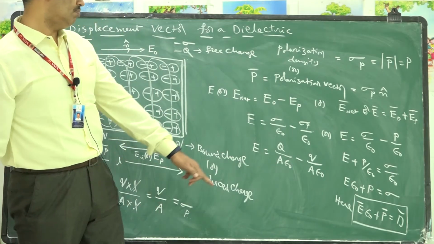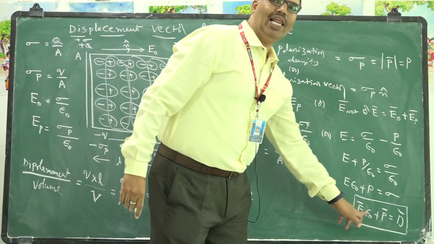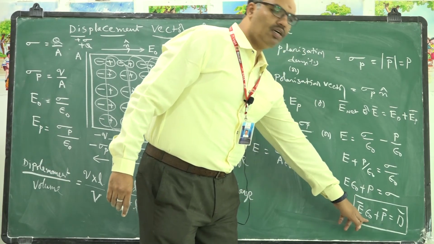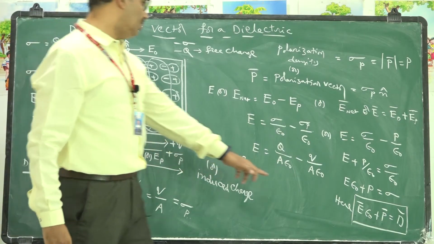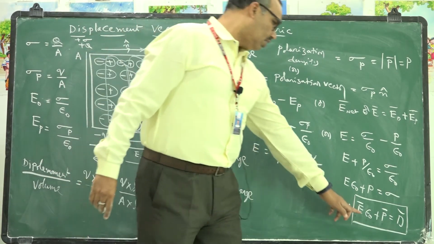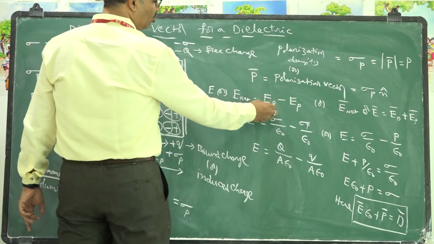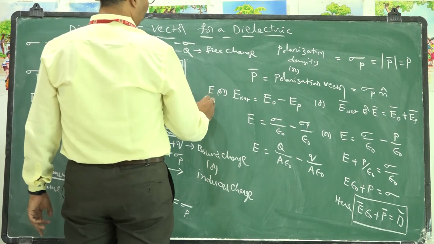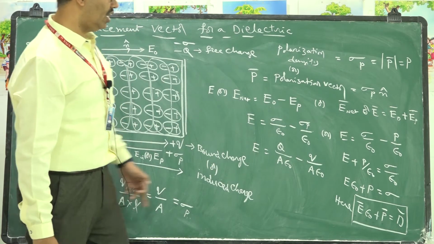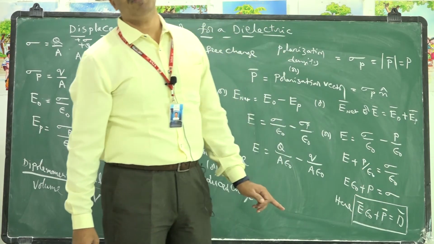The displacement vector is the sum of the polarization vector plus the electric field vector multiplied with epsilon naught. The electric field here means the net electric field, which is also called the reduced electric field, because the actual electric field value is reduced by P. So the reduced electric field into epsilon naught plus P bar is called the displacement vector.